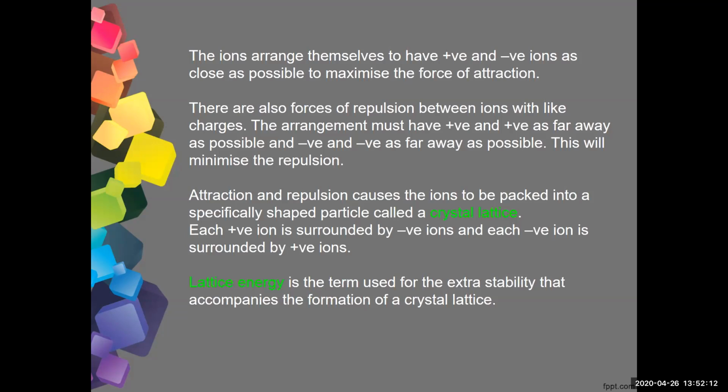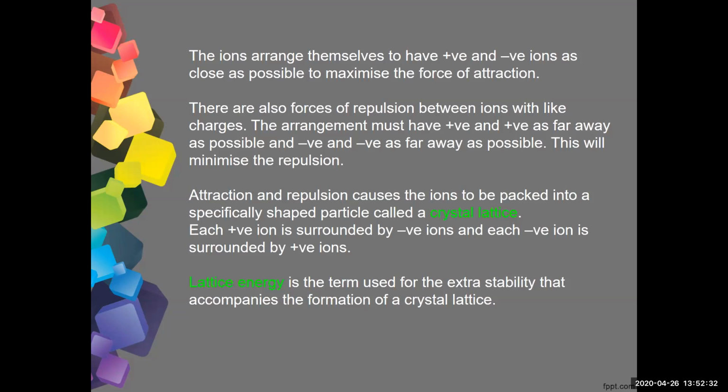We know for charges, opposites attract and like charges repel. So we try to get the opposite charges as close as possible, and we try to get the like charges as far away from each other as possible. And that's going to be the most stable arrangement that we can have.